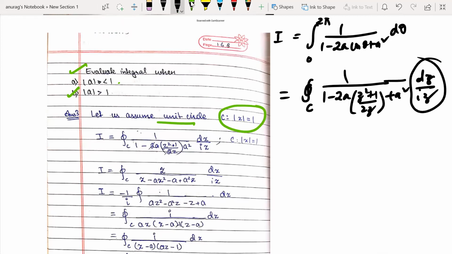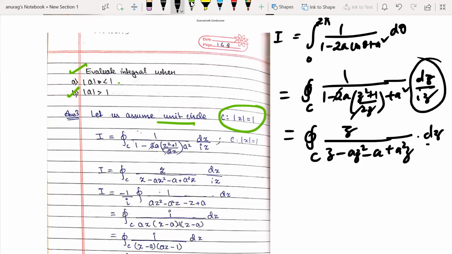Don't forget to put the value of d theta. Okay. So if you simplify it, take the LCM and z will go in the numerator. So z upon z minus az square minus a plus a square z, dz over iz. Z is cancelled out. So make the quadratic term positive here.